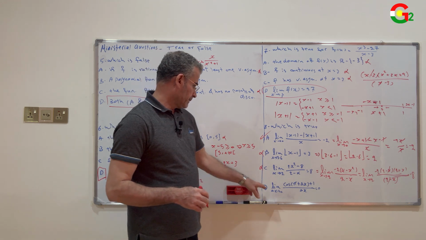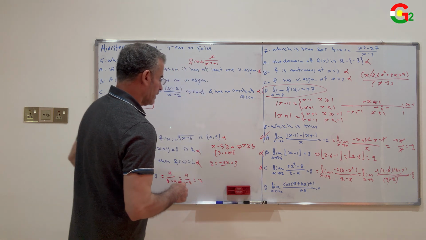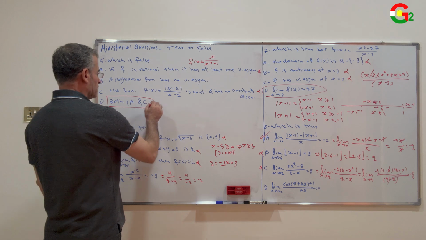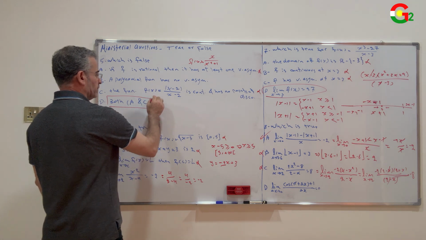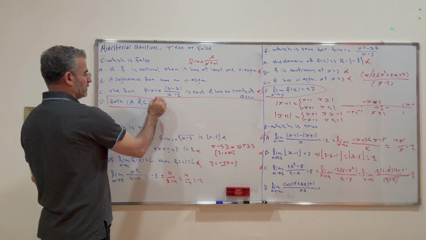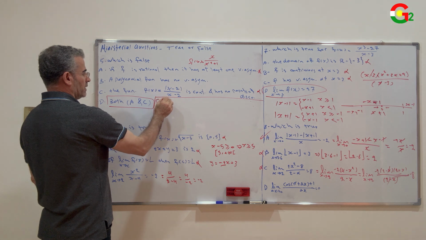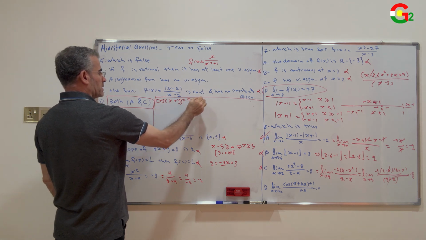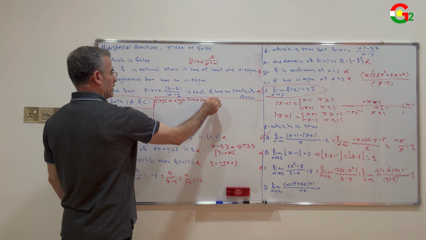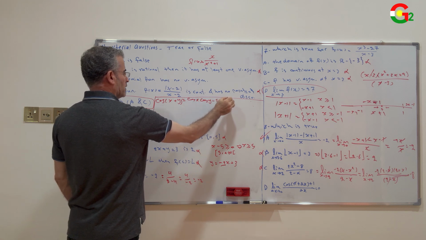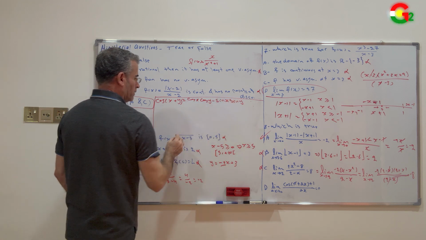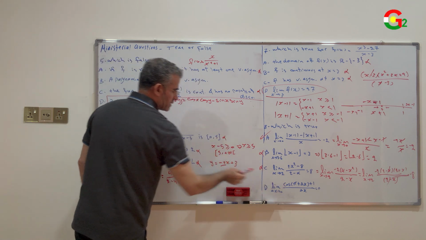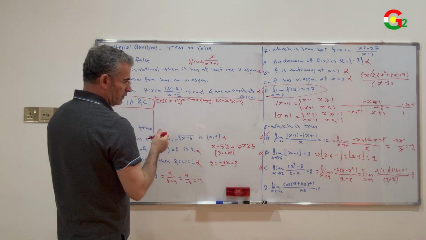For D, find this limit. I'll solve it here. The rule of the trigonometric function: cosine of x plus y equals cosine x times cosine y minus sine x times sine y. Apply this rule for the first term in the numerator.